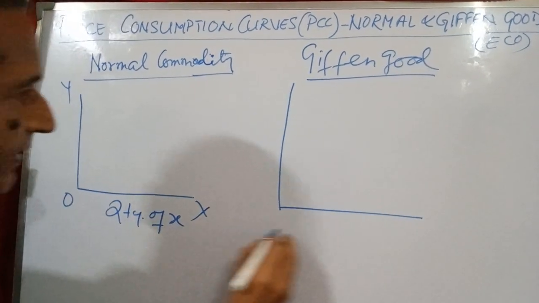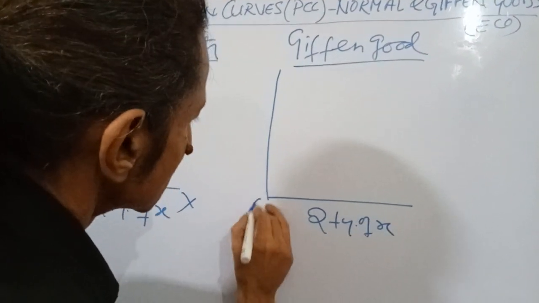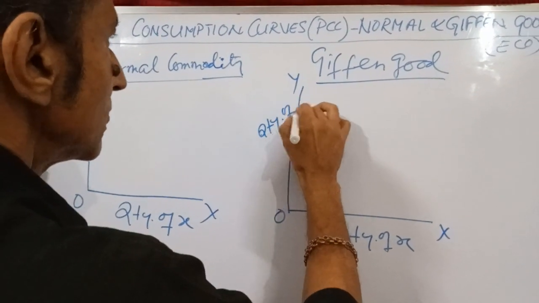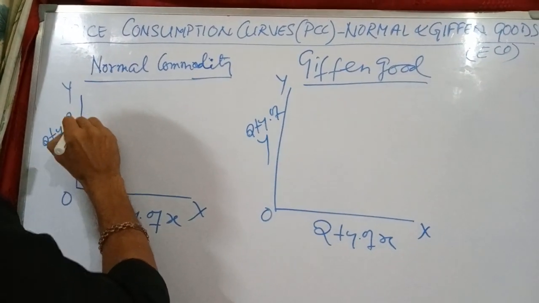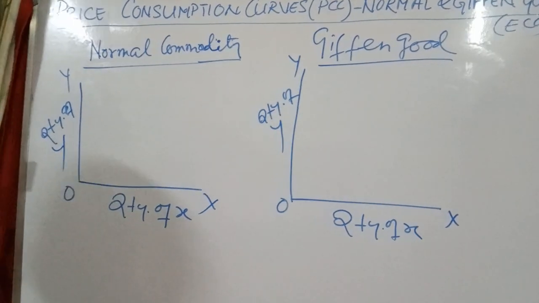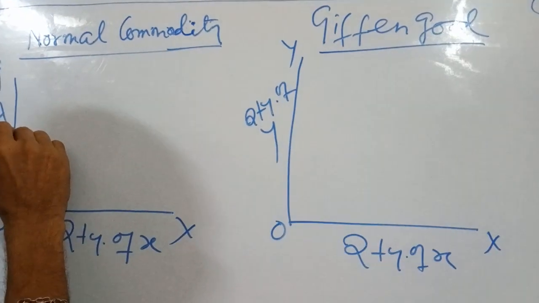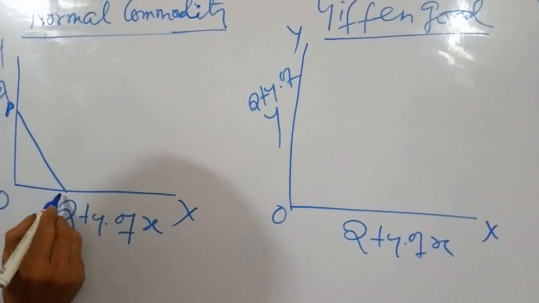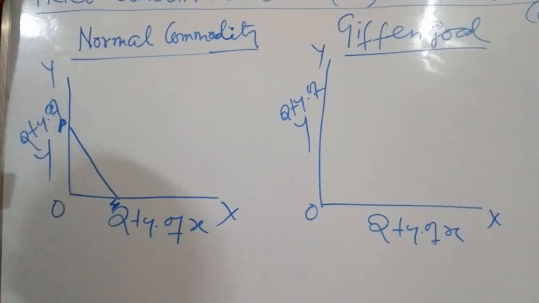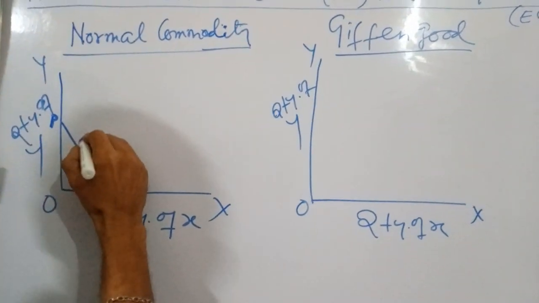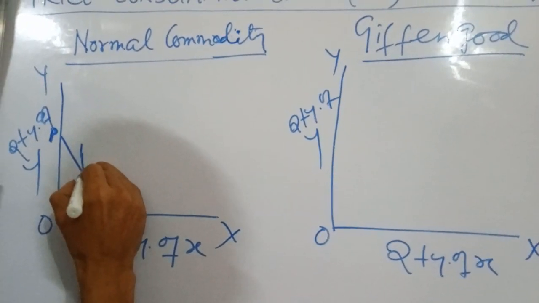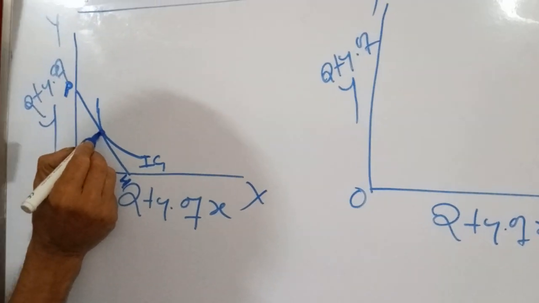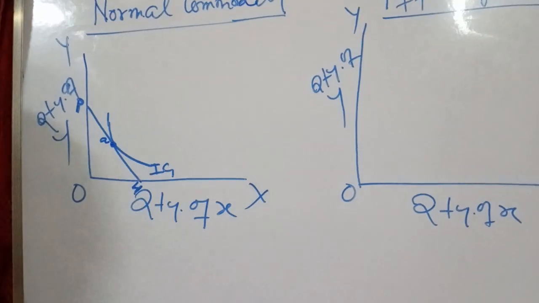On x-axis we measure quantity of X, and on y-axis we measure quantity of Y. Suppose the initial budget line of the consumer is PL1 and the consumer is in equilibrium at the point of tangency between IC1 and PL1 at this point. Say this is A, point A.